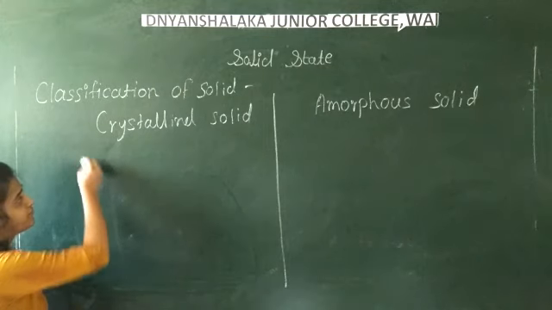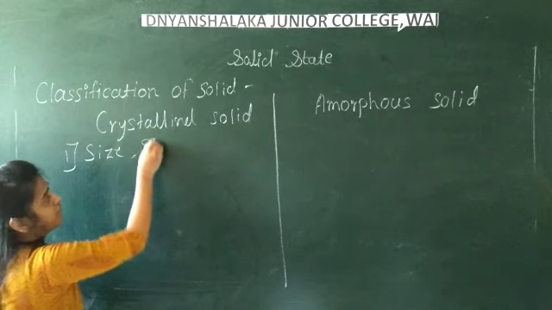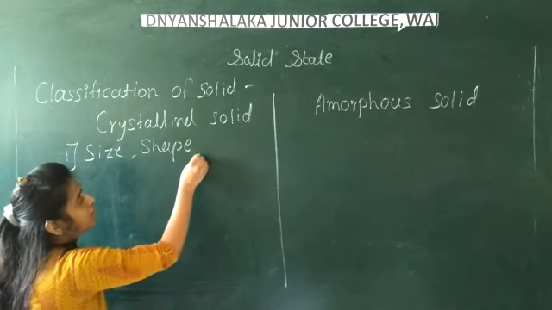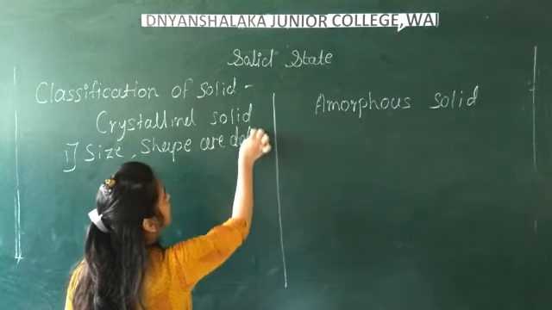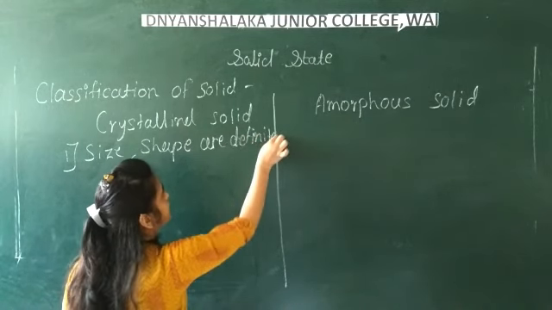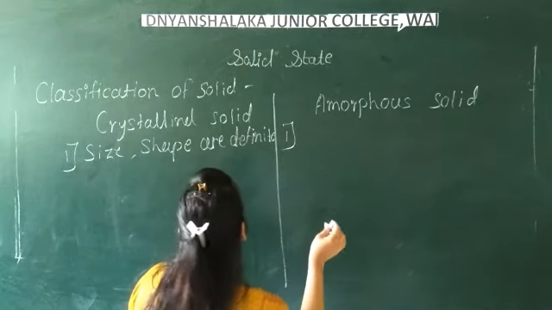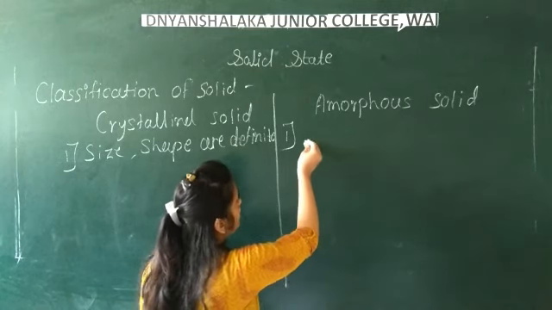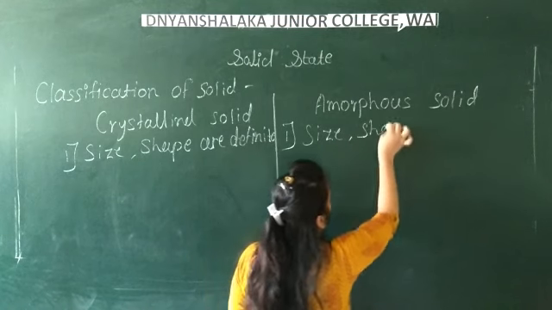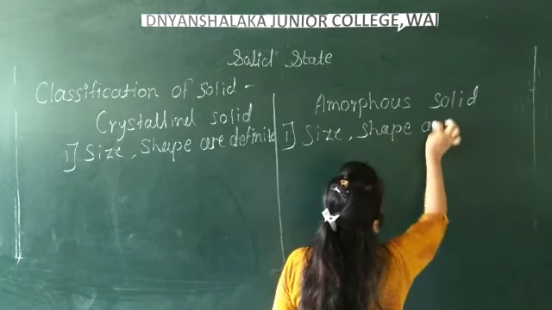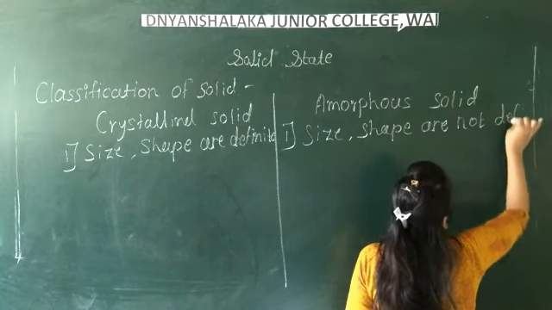Crystalline solid means size and shape are fixed or definite. But in amorphous solid, size and shape are not definite.